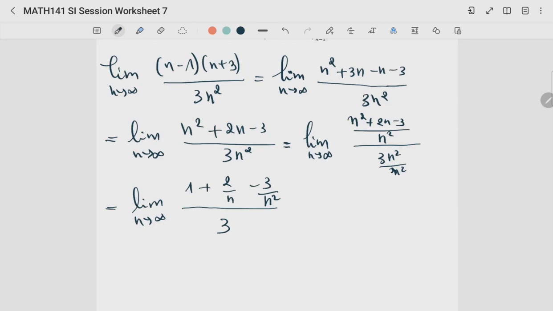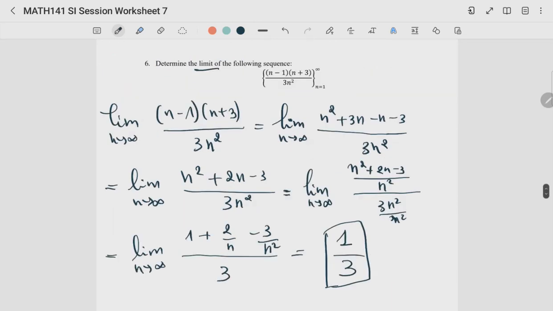Substituting the value of n as it tends to infinity, in the numerator we will be left with 1, denominator will be left with 3. So we have found our limit to be 1 over 3.